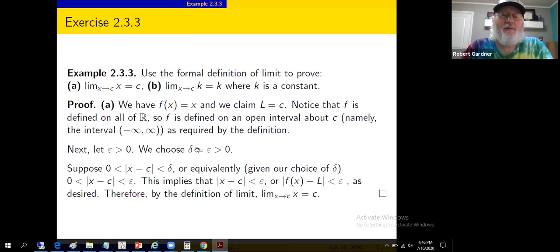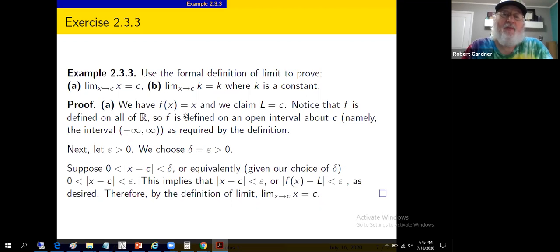That's f of x. So here's the function. C was the value we were interested in, x approaching c. Oh, excuse me. C was the L value. It's actually played two roles. I got mixed up. C was the L value. So we've got f of x minus L, absolute value is less than epsilon.